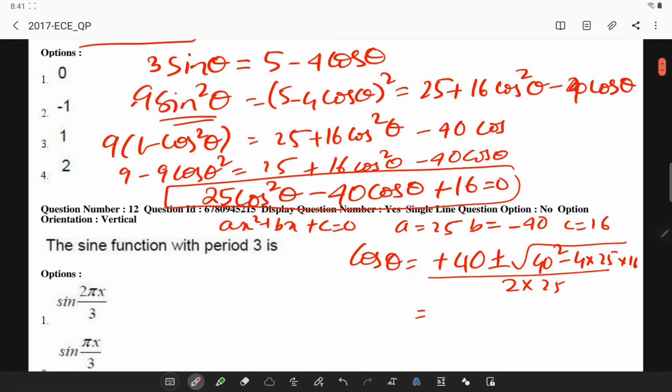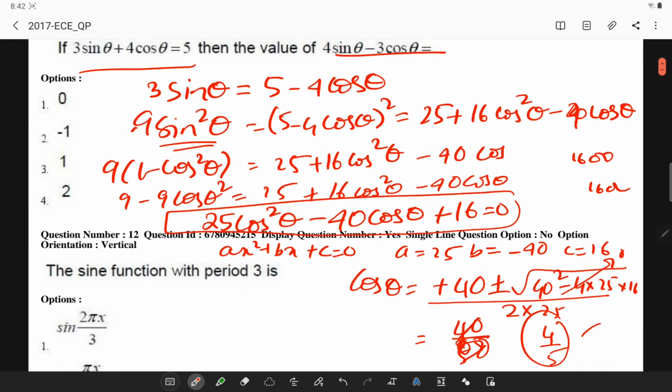So this will be 40 square, 1600 minus 4 into 25 into 16, again here we have 1600, this will be 0. So this simply will be 40 by 50 or 4 by 5.